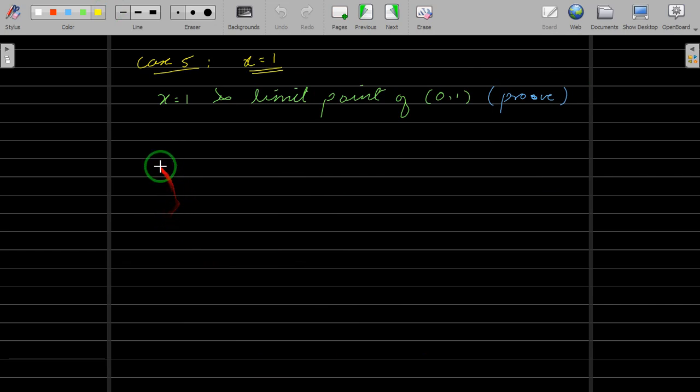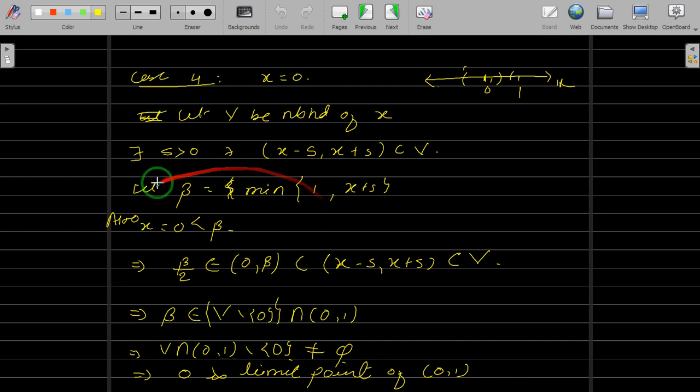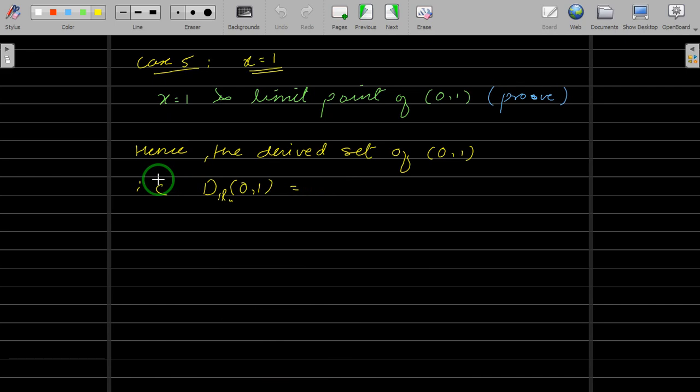Hence the derived set of (0, 1) in R with usual topology is nothing less than 0, nothing greater than 1, but in between 0 and 1, x equals 0, and x equals 1.